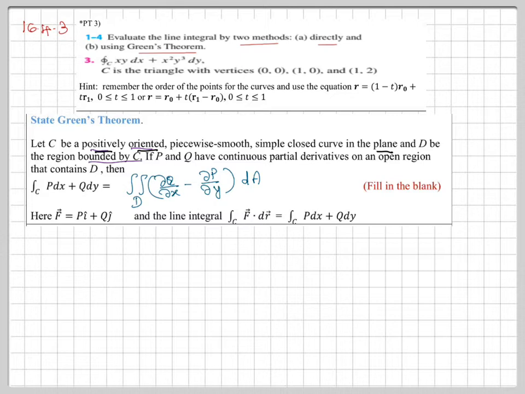Here F is Pi plus Qj. The line integral over C of F dot dr is the integral over C of P dx plus Q dy.